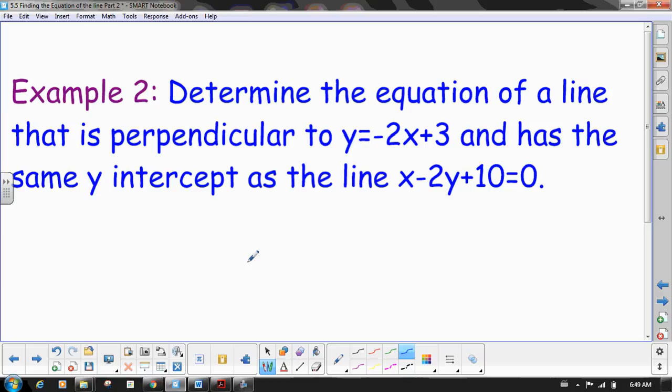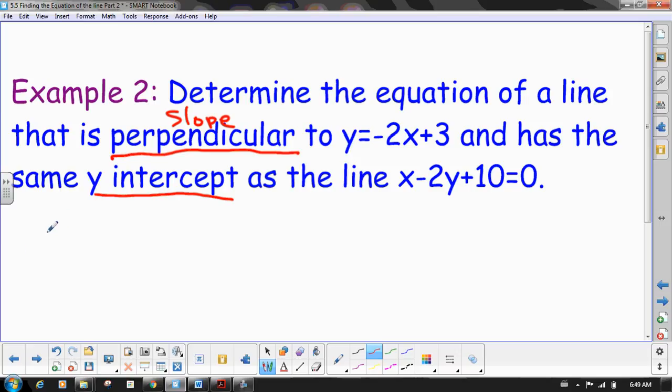So determine the equation of a line that is perpendicular. So I'm going to highlight that because when I see perpendicular, they're telling you about the slope. And then it said it has the same y-intercept as this line right here.